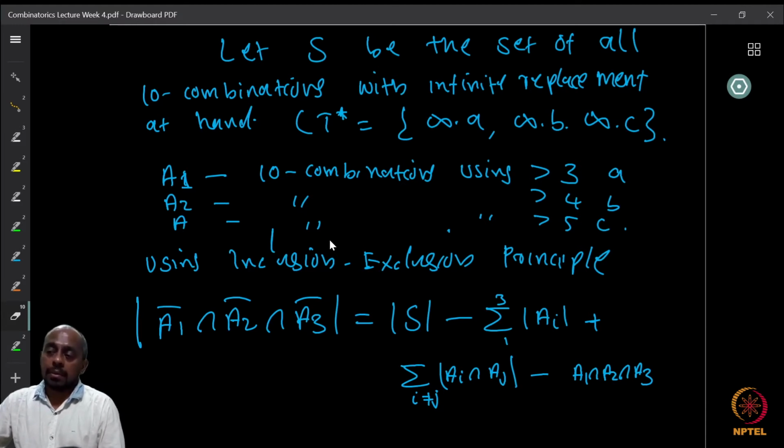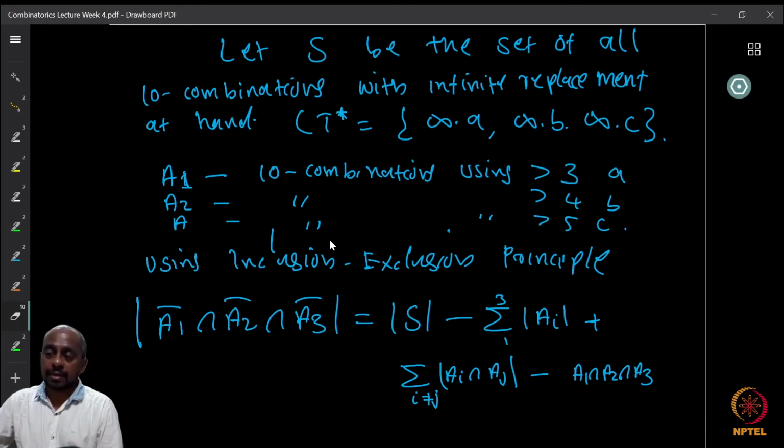Now, once we have this, we know how to calculate using the principle of inclusion and exclusion. You take the total number of combinations for the universe, which is S, and then you subtract the bad ones, and then you get the ones that we want.